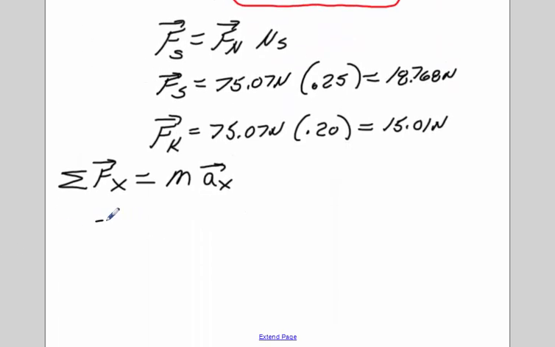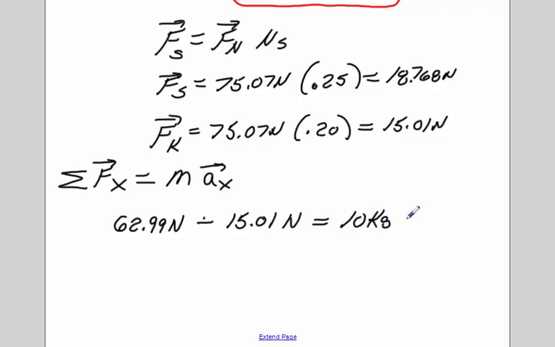That's going to give me minus 62.99 newtons. Sorry, positive. Caught myself making a mistake. Plus 62.99 newtons minus what is going up. And we said what is going up is going to be 15.01 newtons. We're going to set that equal to the mass, 10 kilograms, times the acceleration in the x direction here.